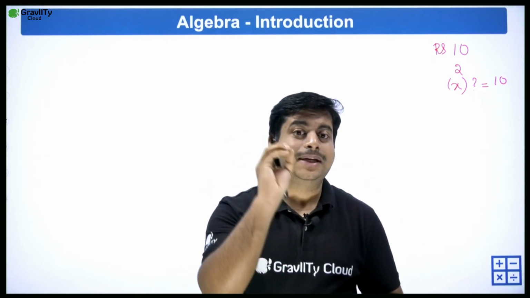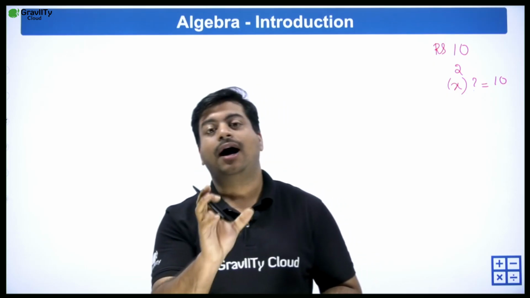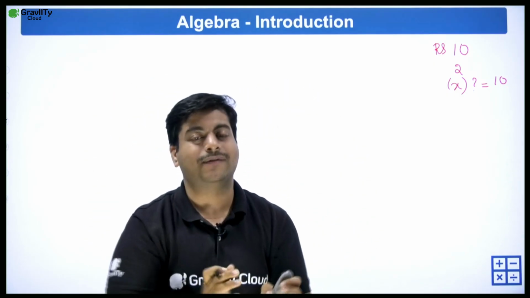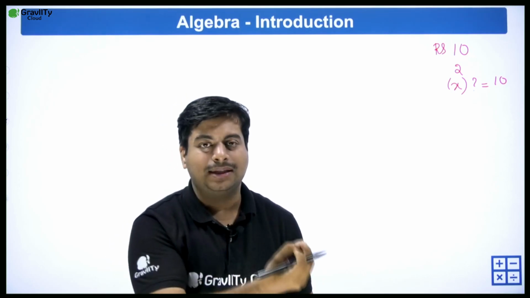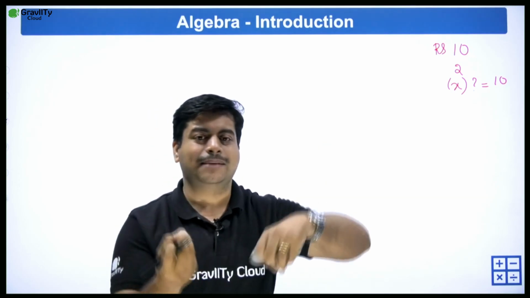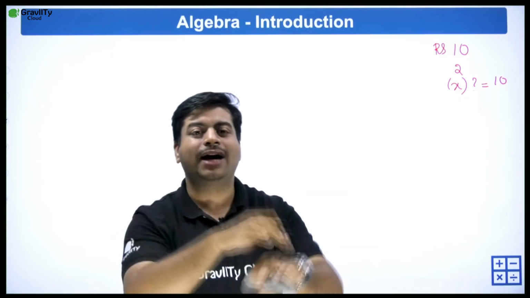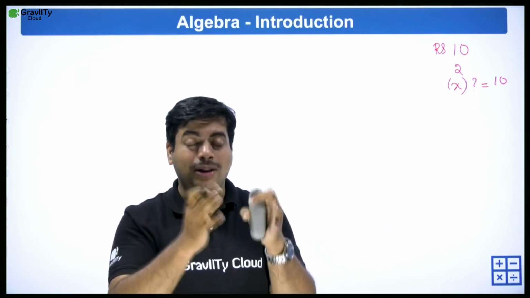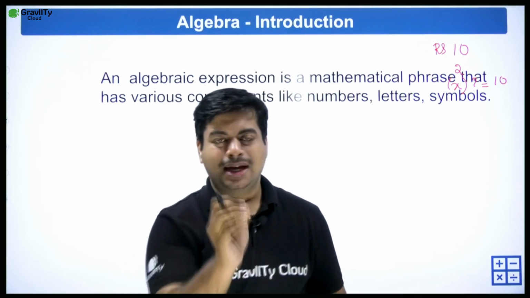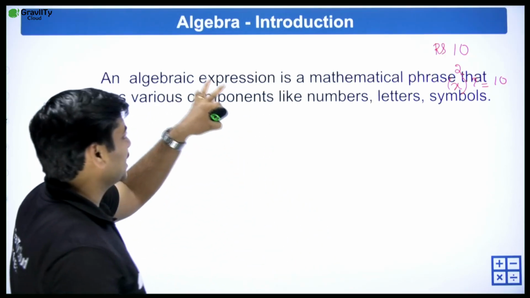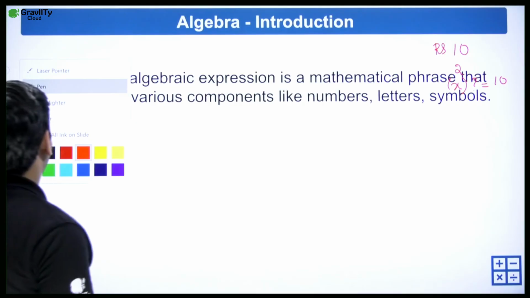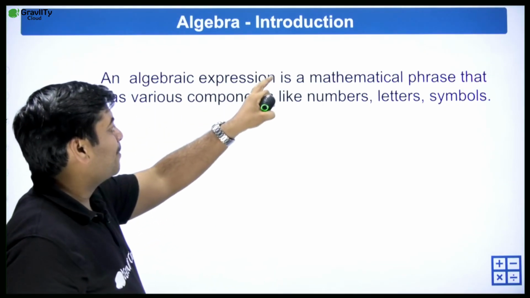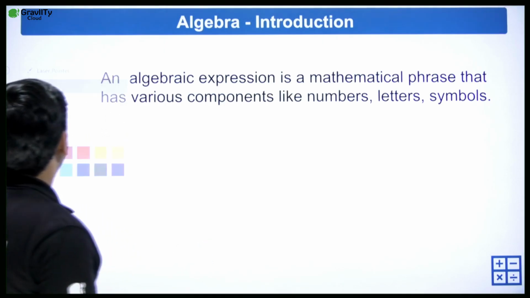So an algebraic expression will consist of all these things: numbers, symbols, adding them, subtracting them, multiplying them, dividing them. All these come under algebra. Let us try to see what is an algebraic expression.